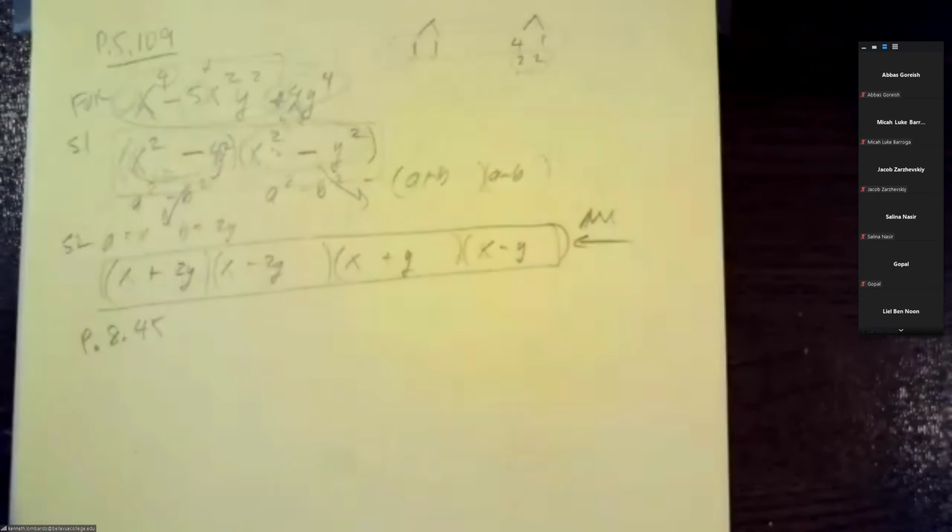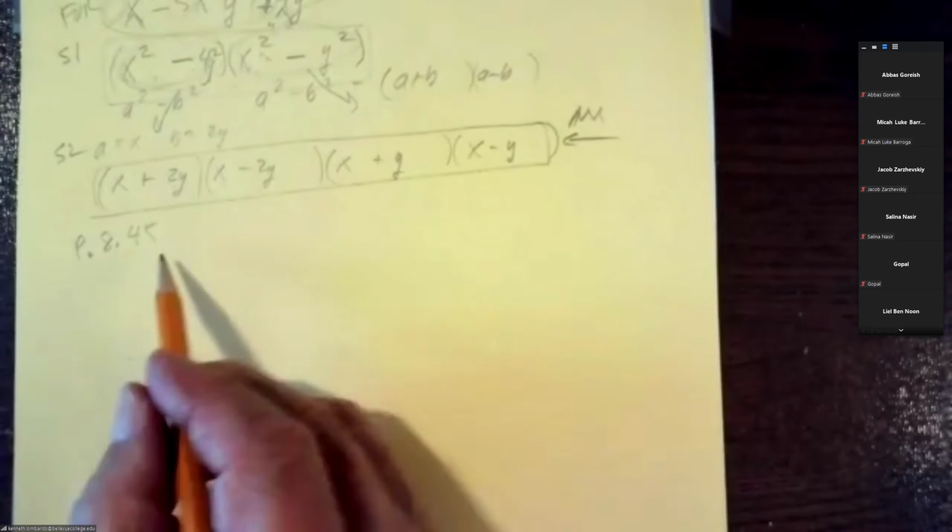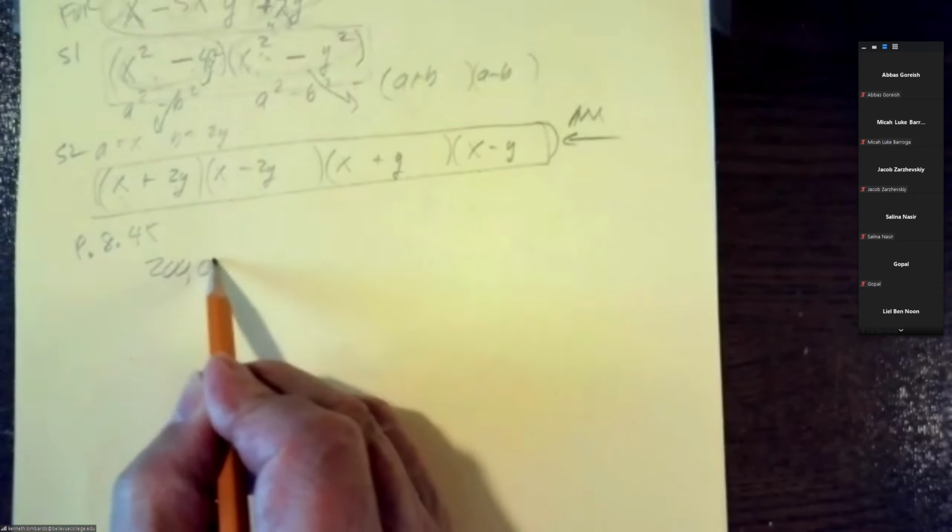Let me read how that question is phrased. P8 45. A group of people share equally in a $200,000 lottery. So they're sharing 200,000.